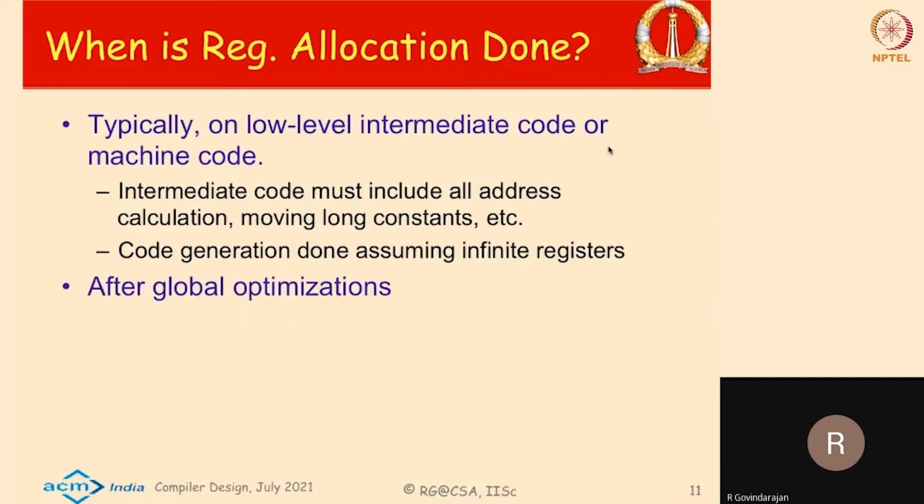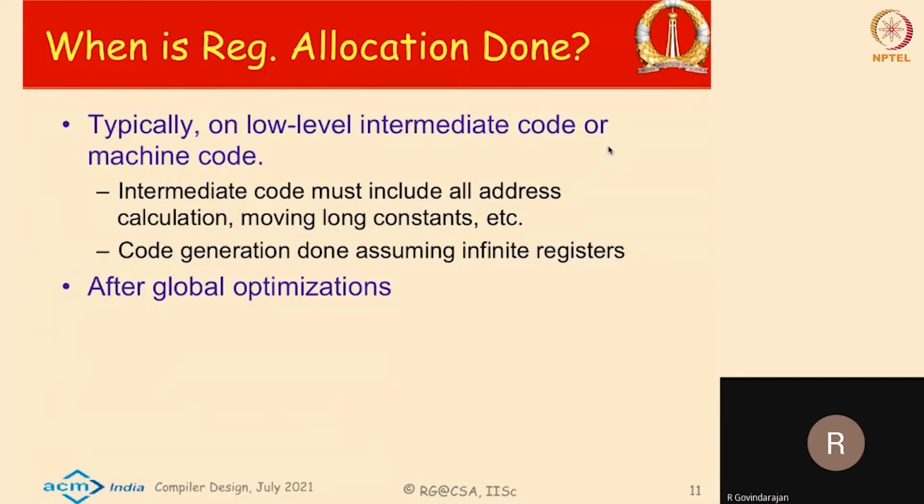And to a certain extent, it is done after you have done certain machine dependent optimizations as well. But as is always the case, many of these compiler passes have to be run repeatedly. So for example, you do machine code generation, you do machine dependent optimizations, you do register allocation, you do instruction scheduling, and maybe there is something else that needs to be done.